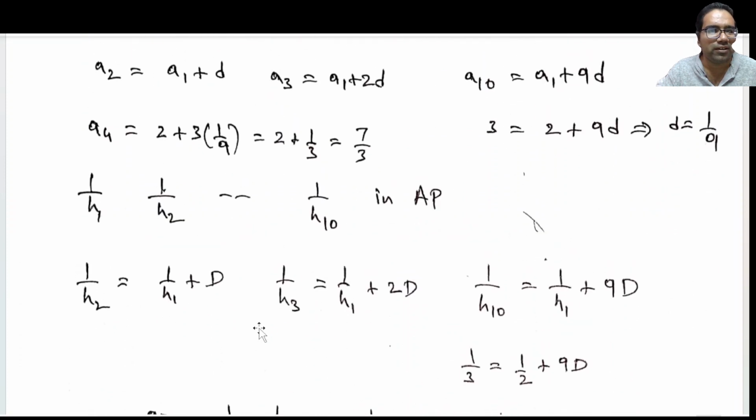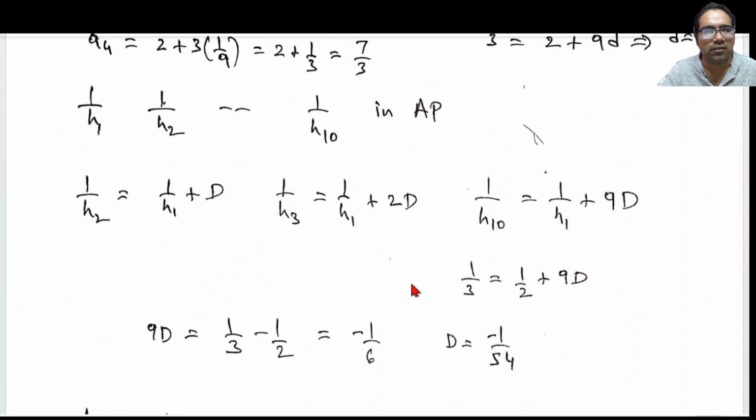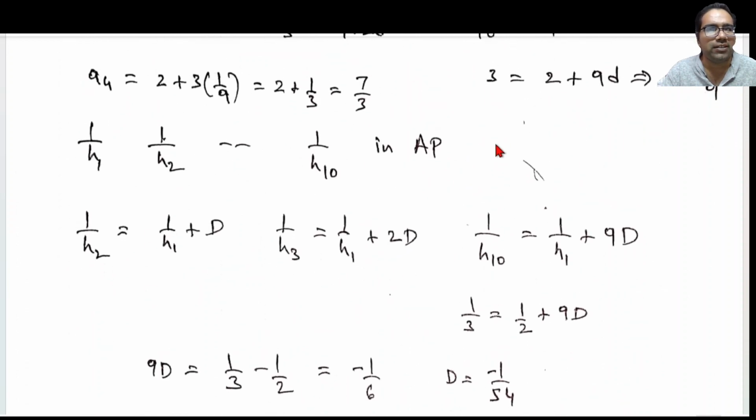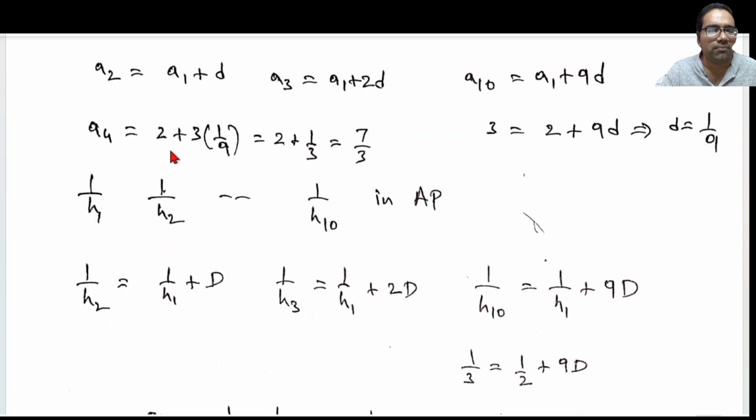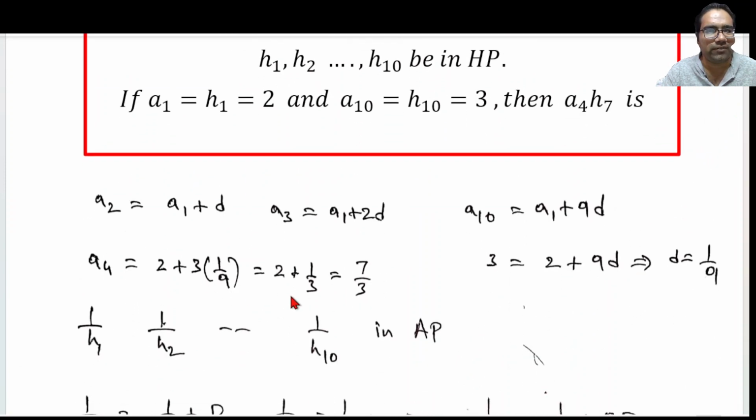What is A4? A4 is A1 plus 3D. D is 1 by 9 in this case, and A1 is 2. So 2 plus 3 into 1 by 9, which is 2 plus 1 by 3, which is 7 by 3.